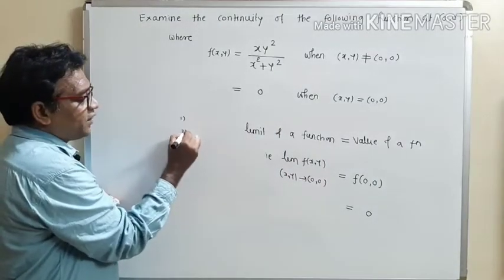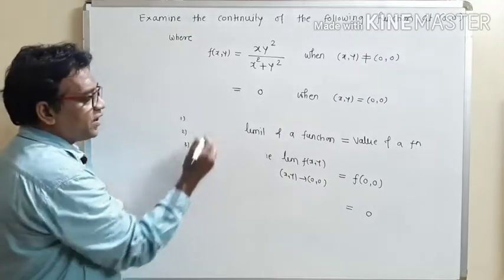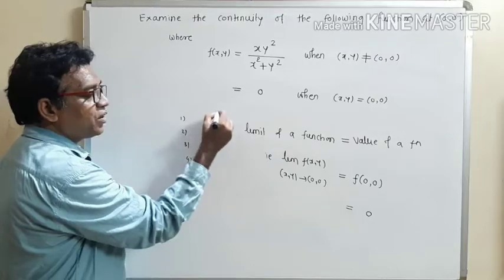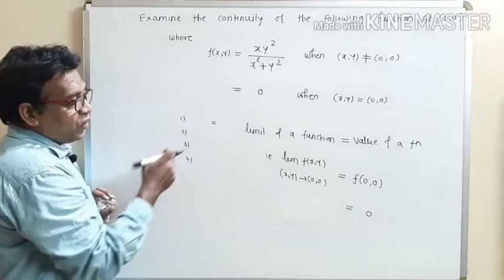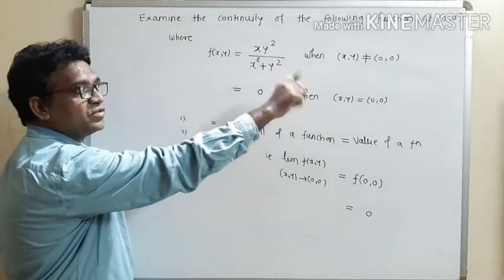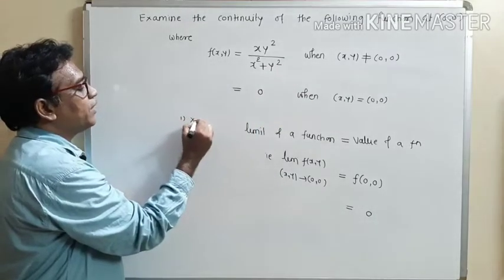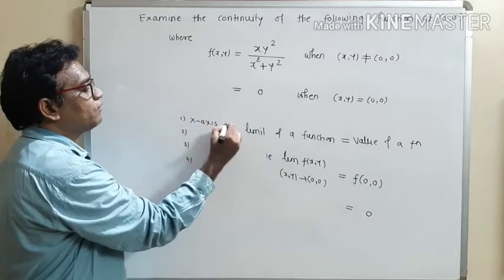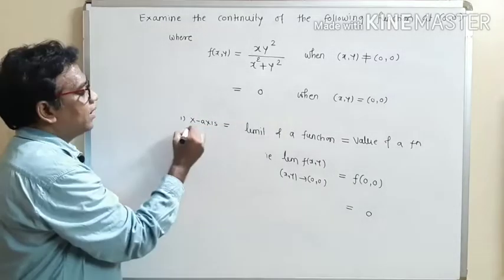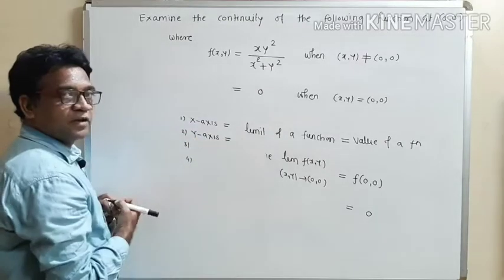Use different equations and find out the limit. Use different paths or different equations passing through the origin. Origin is the given point. Suppose we take the limit along the x-axis, find out the limit. Take the next path, suppose the limit along the y-axis, find out the limit.